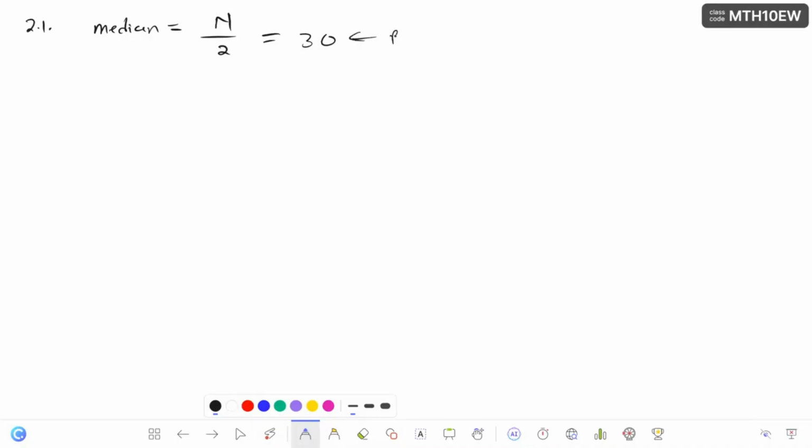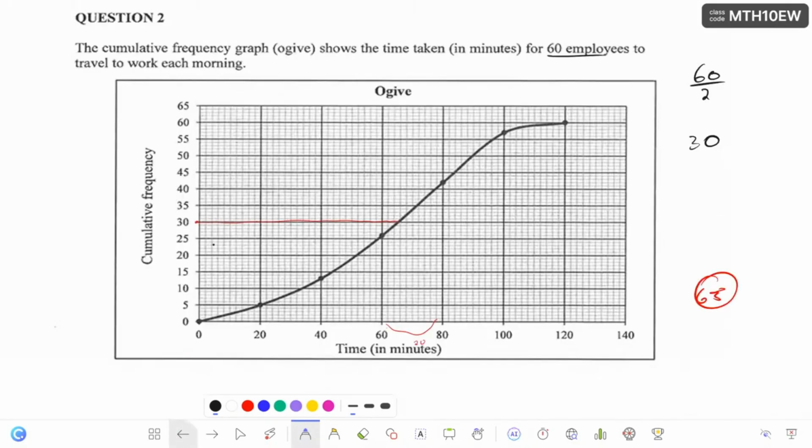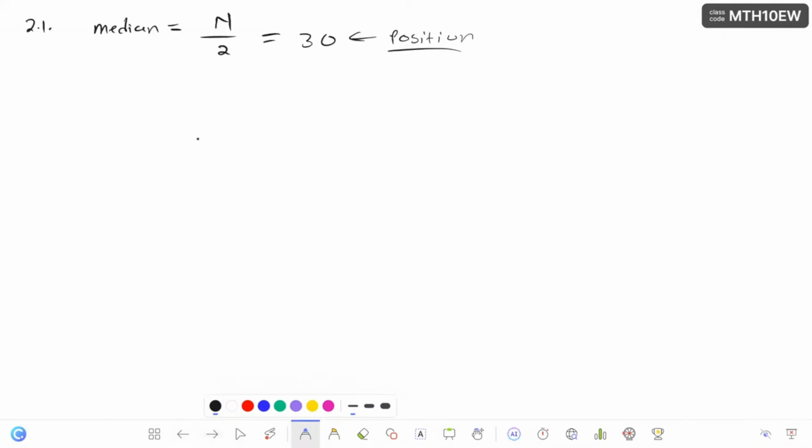And this is the position. After that, you use the position to locate the time taken for the people to reach their working place. So we find that to be 65. So our median is 65.